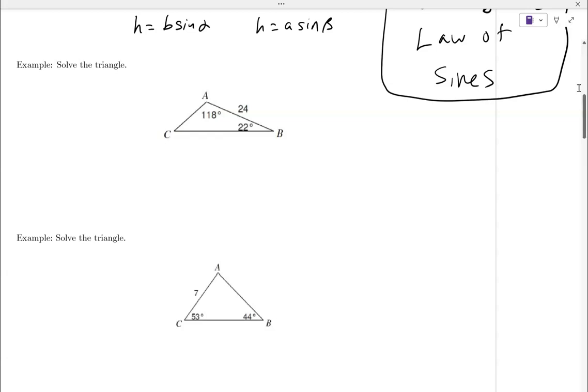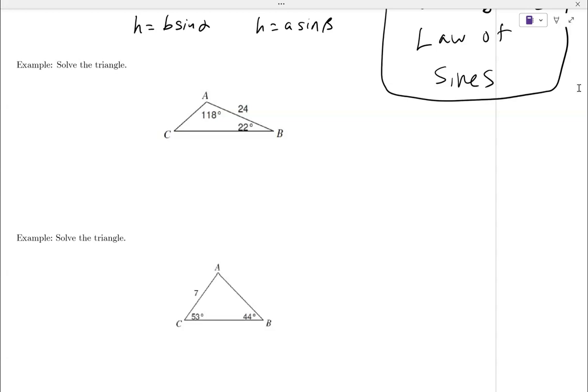All right, so let's look at this triangle. We're given two angles and an included side. Well, I know from geometry that if I have two angles, I know the third. What do the angles have to add up to in a triangle? 180, right?